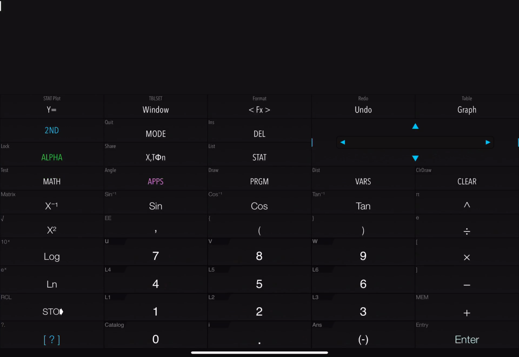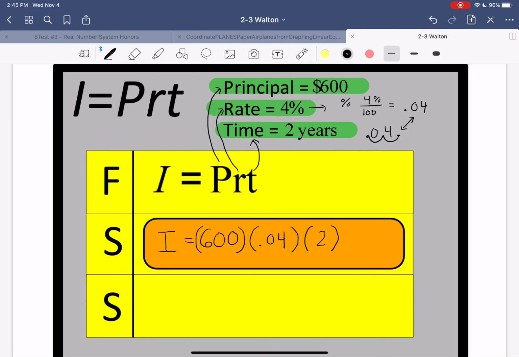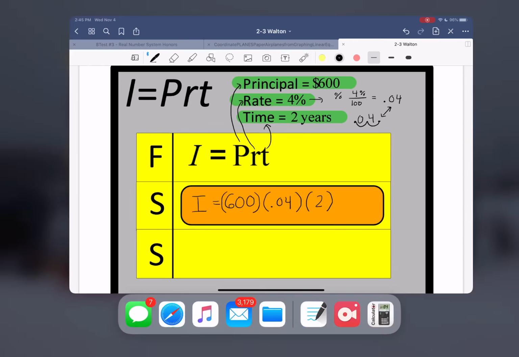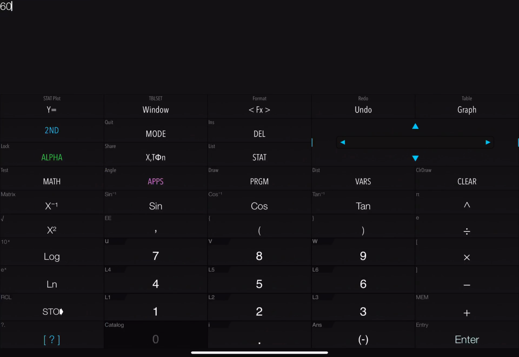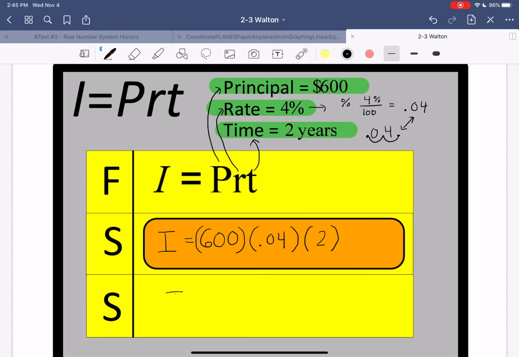So we have, now I already forgot my numbers, 600 times 0.04 times 2, and that will give us 48. So the interest earned on our principal amount of $600 at 4% rate interest gives us $48.